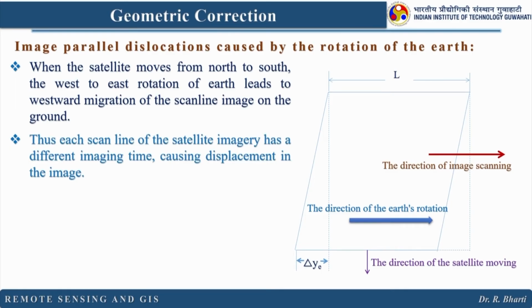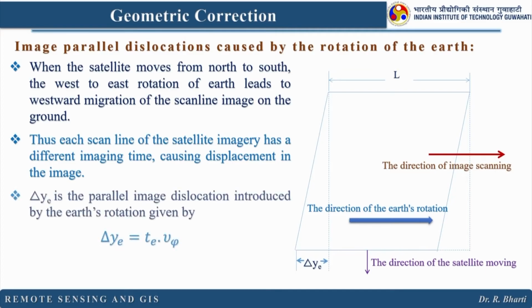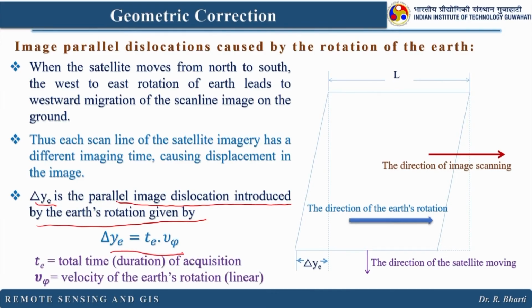Thus each scan line of the satellite imagery has a different imaging time, causing displacement in the image. And this parallel image dislocation introduced by the earth rotation is given by this equation, where the total time of acquisition and the velocity of earth rotation are used, and we assume it linear.